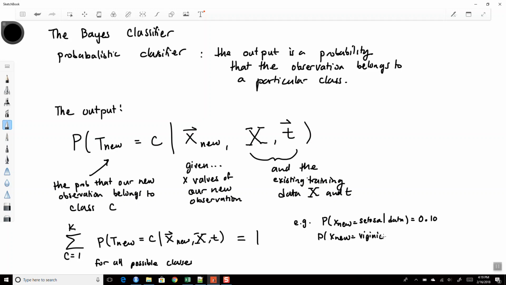Virginica. Given the data, maybe this one is 0.85, and then I don't remember what the last one was. Versicolor. There you go. All right.